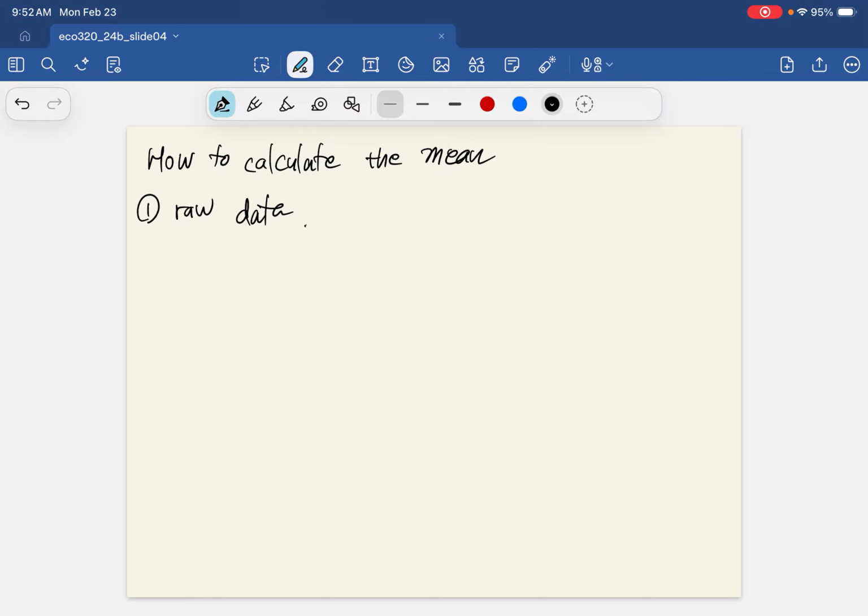From there, you can calculate the mean and the variance, right? But especially for variance, we have to worry about the population variance formula and the sample variance formula. There are two different conventions to calculate the variance from raw data.